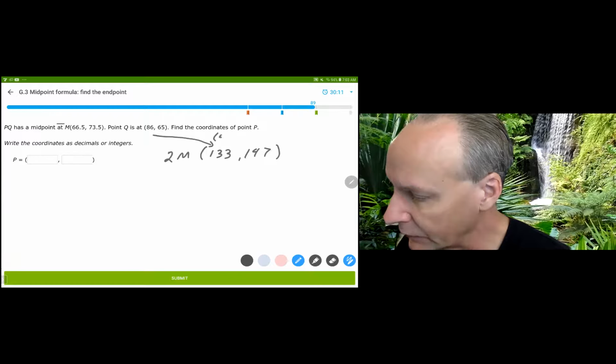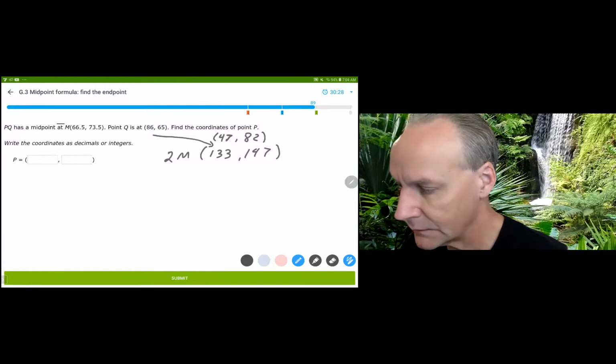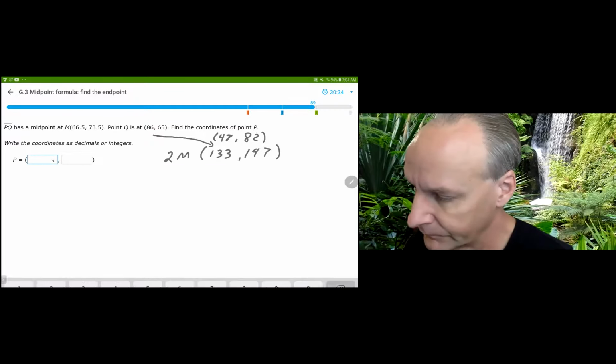I'm going to need 47 more, and 65 to get to 147. I'm going to need 82 more. Let me just double check real quick. 47 and 86 gives me 133. Yep. And 82 gives me 147. Yep.